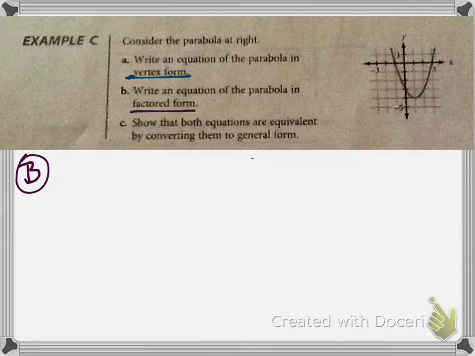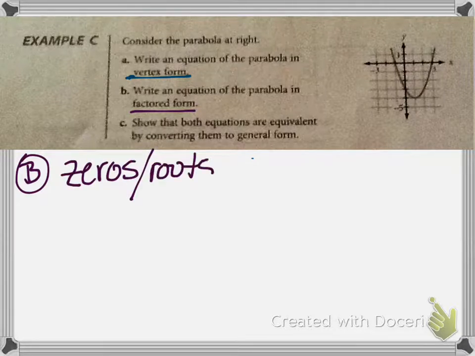So that's what we just did in the last problem, where we have to find our zeros first, or our roots. So we find those where y is equal to 0. So right here, well, that wasn't a very good circle. Let's try that again. Right here and right here. So here x is negative 1, so x equals negative 1 is one root.